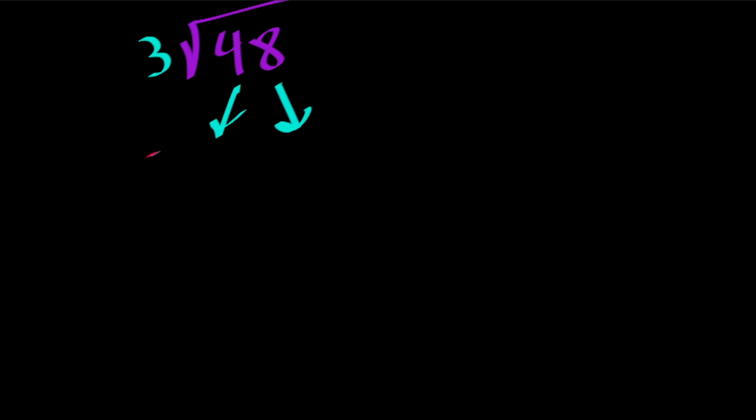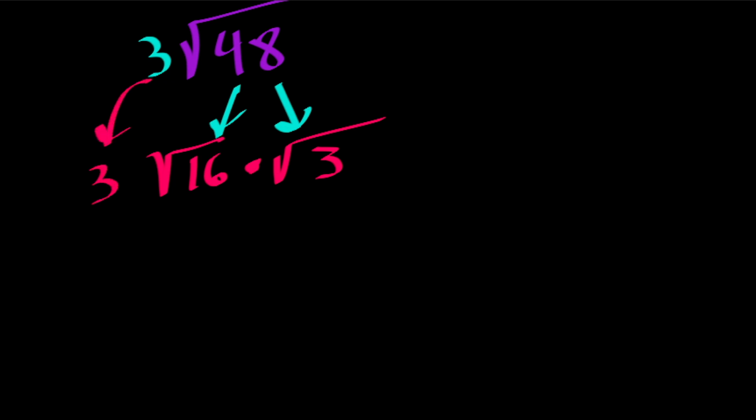You want to make sure you choose one factor that's the biggest perfect square inside of 48. And that would be 16, I believe. And I believe 16 times 3 would be 48. Let me double check. Yeah. All right. So now this 3 that's on the outside is just going to stay on the outside.